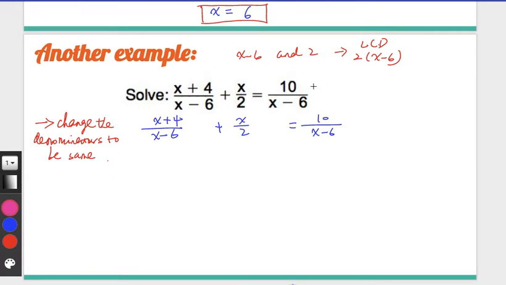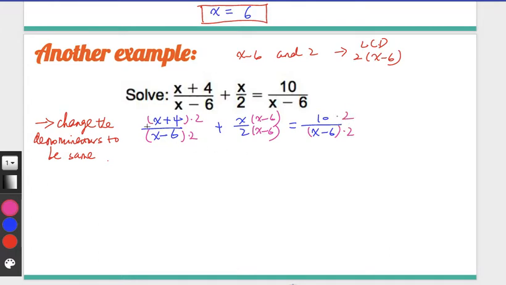The least common denominator is 2 times x minus 6, so I'm going to multiply by 2, because that's the only thing they are missing, right? So I did something for the bottom, I did something on the top. And for this one, for 2, I'm missing x minus 6. This is something I'm going to make up. Now I'm going to multiply by 2, and multiply by 2.